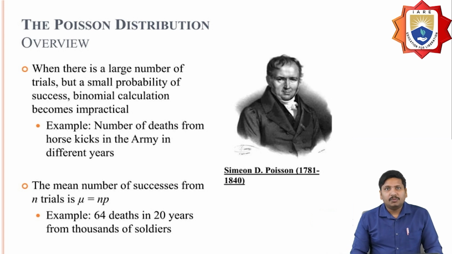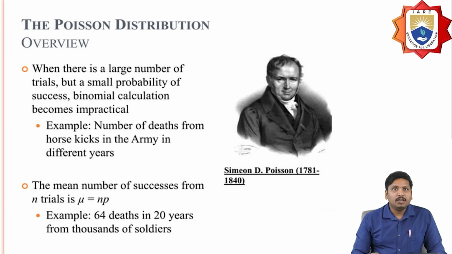And the next one is the Poisson distribution. Here, when there is a large number of trials but a small probability of success, the binomial calculation becomes impractical. Suppose the example is the number of deaths from horse kicks in the army in different years.